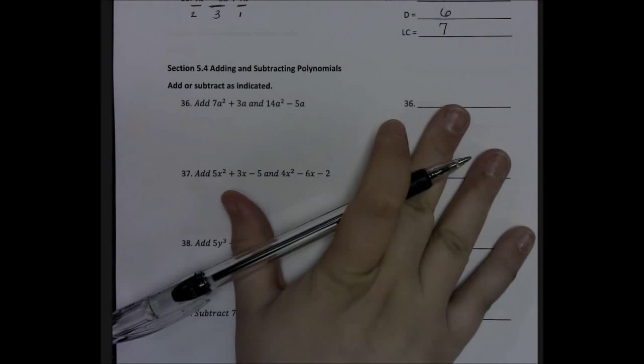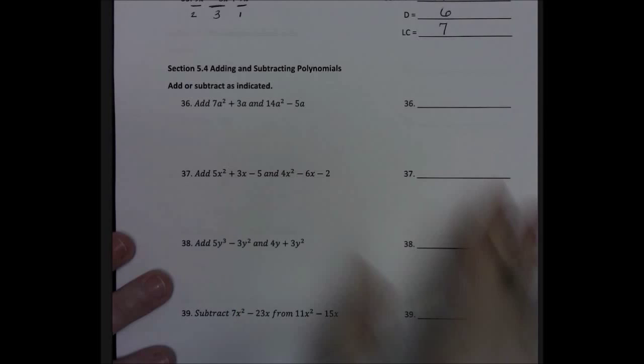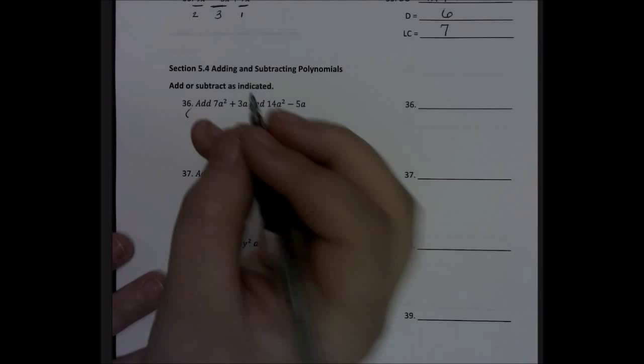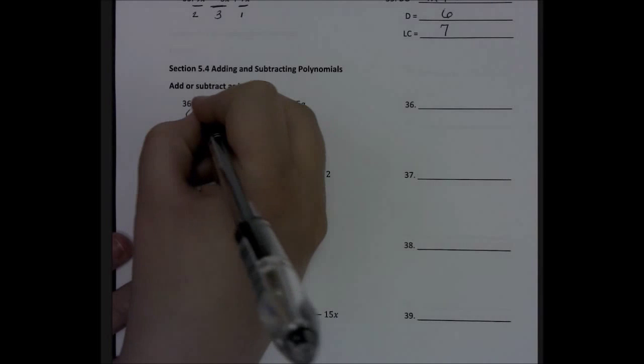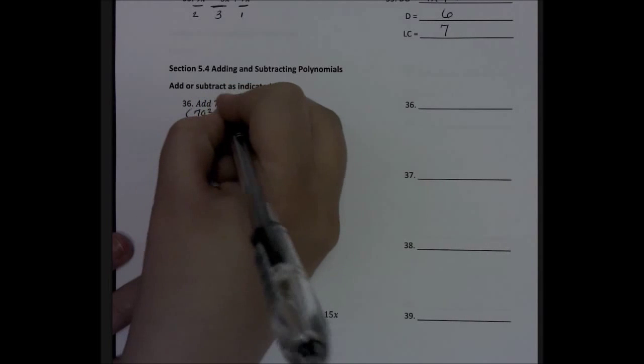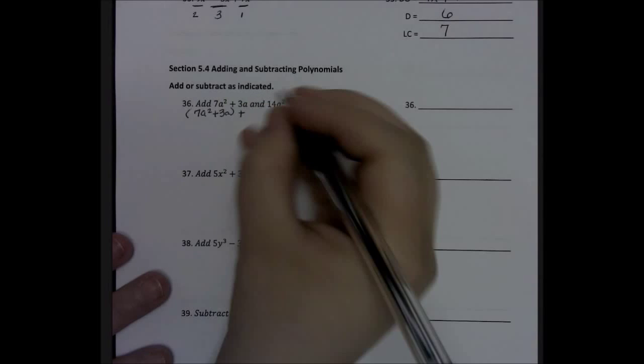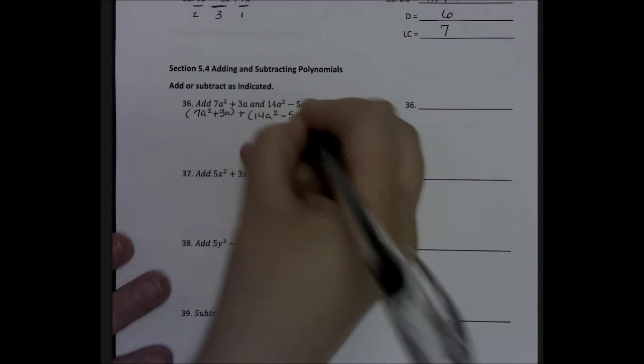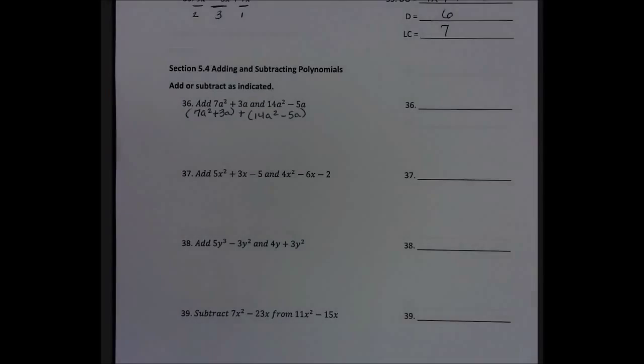Now, moving to addition and subtraction. First thing we should do is put these in our parentheses form. So that gives me 7a squared plus 3a plus 14a squared minus 5a. And now we need to ask ourselves those questions to see if we can release these from those parentheses.